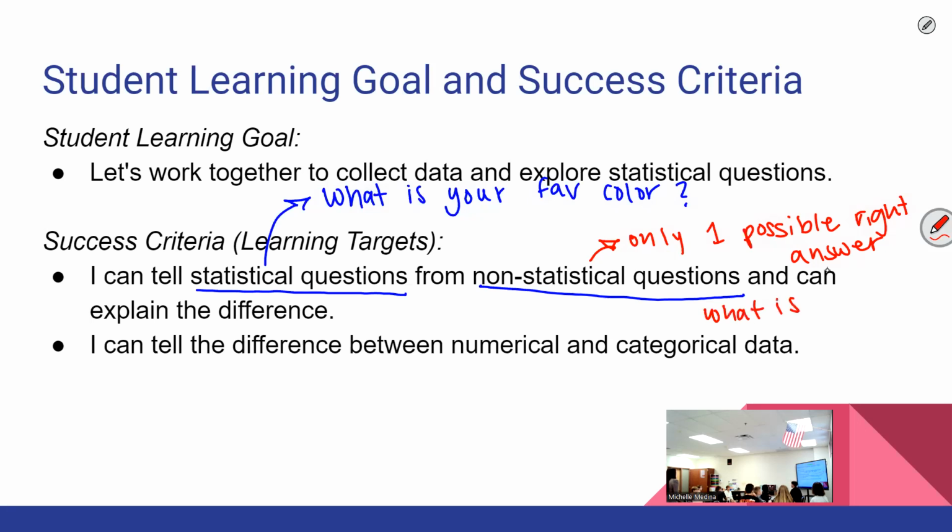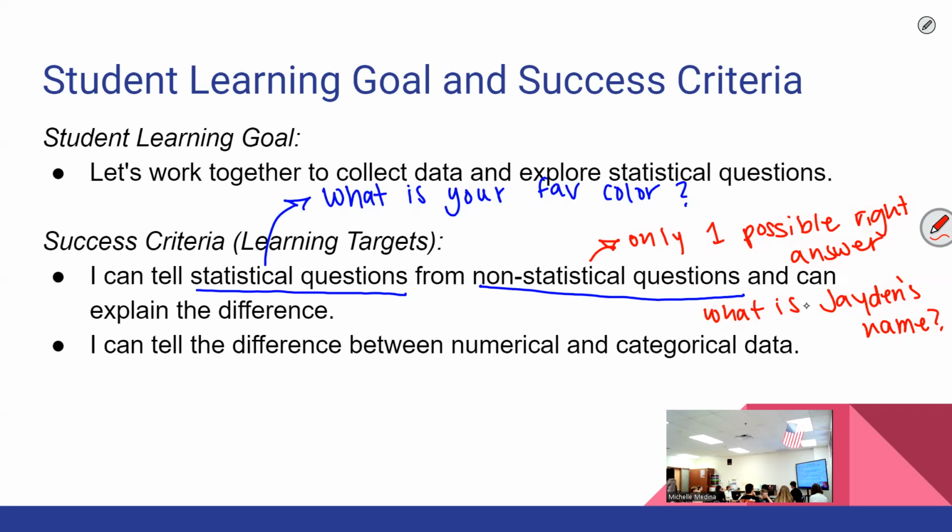What is, and remind me your name, what is Jaden's name? All right. There's only one right answer, isn't there? Now, if we wanted to make it a statistical question, like what are the different types of names in the class, then we could say, what's your name, and then have that variety of answers. But if I'm asking about one specific person, then there should only be one answer, so that's a non-statistical question. Okay, so good. Seems like we know the difference for that.